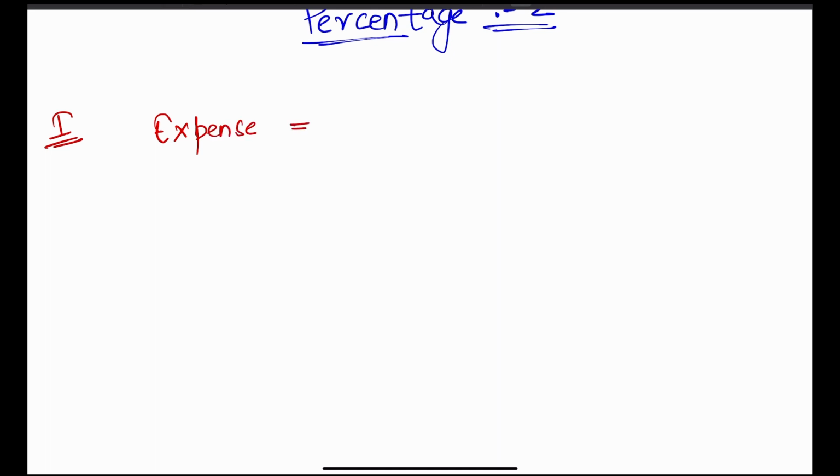Expense is equal to price into consumption. Today's class is about this one, so let's just read first.